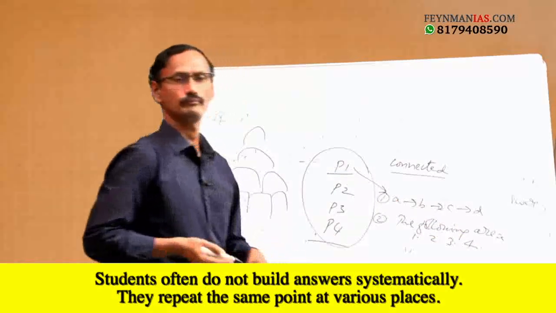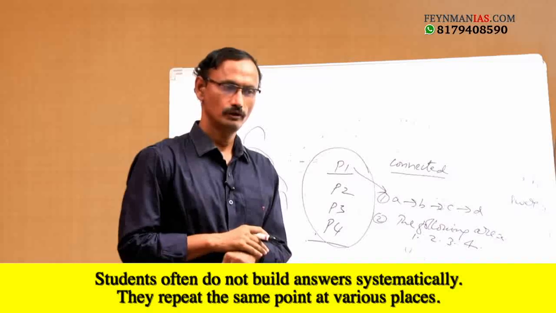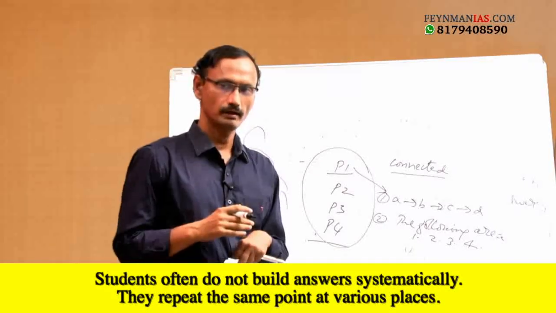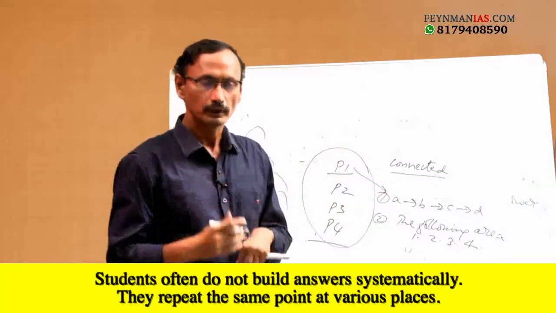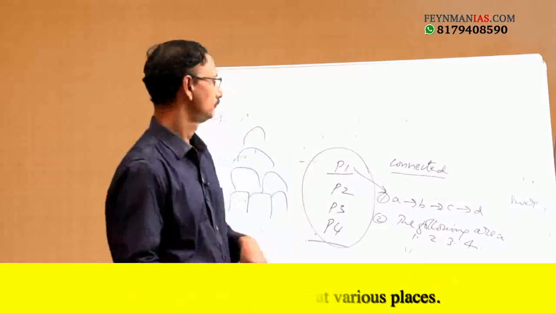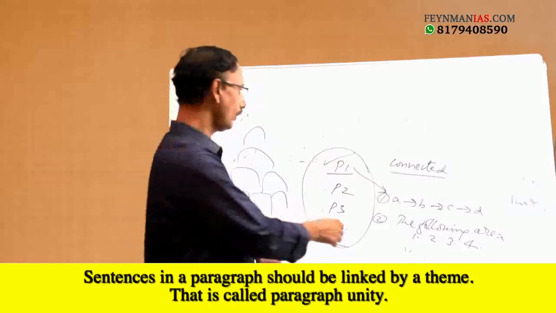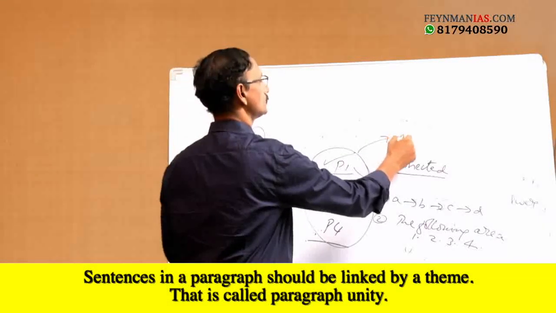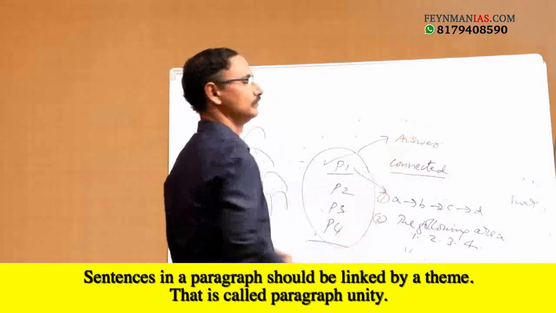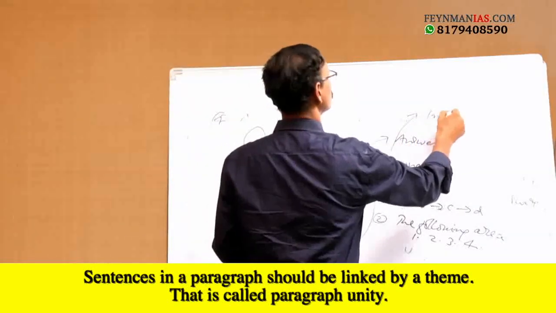So it means you have to think in terms of what are the sentences in a para and how these sentences are connected to one unifying theme. That's para 1, para 2, para 3, para 4. And how all of them are connected to your answer. How all this is related to your introduction.